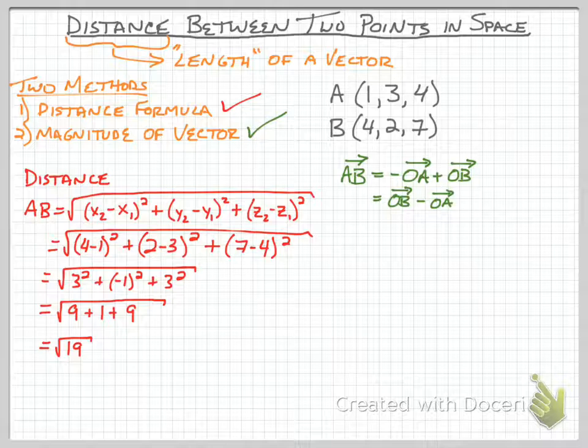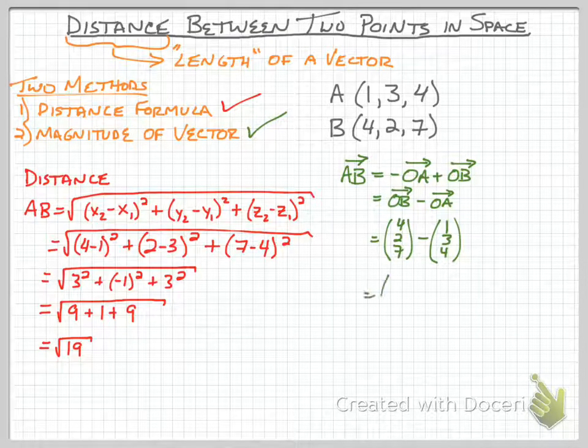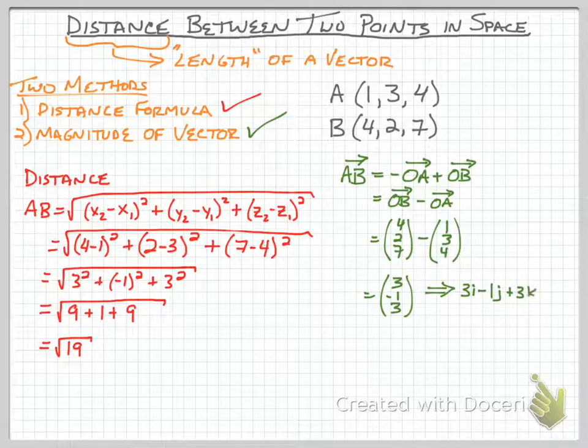We put in the values of the points, 4, 2, and 7, minus 1, 3, 4, and we get the result of 3, negative 1, 3. Written in unit form, that's 3i minus 1j plus 3k.